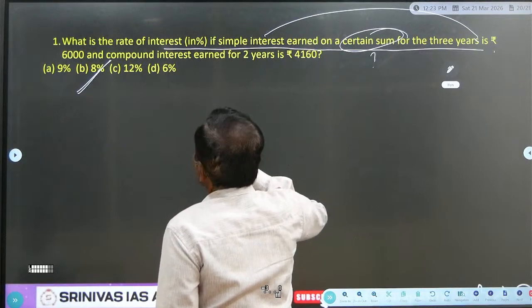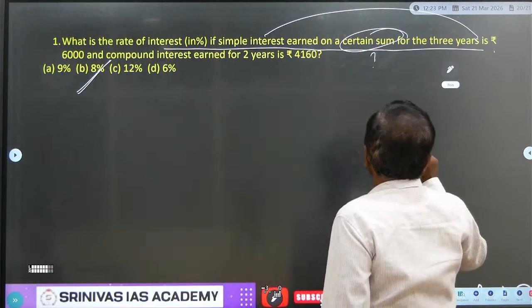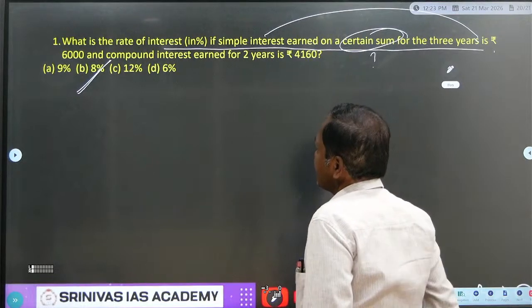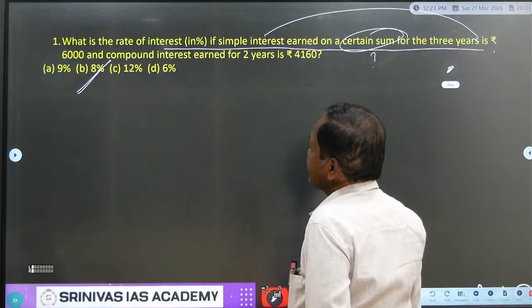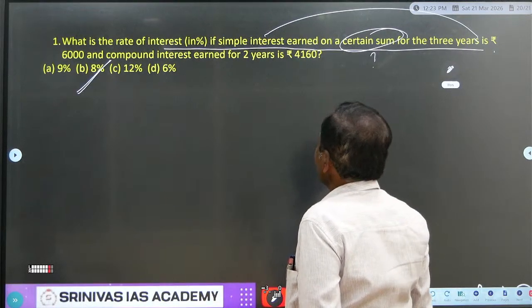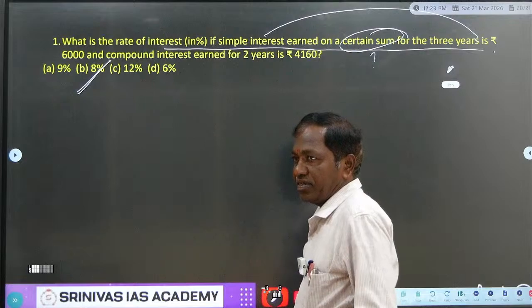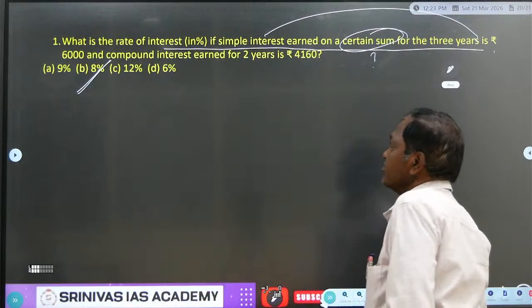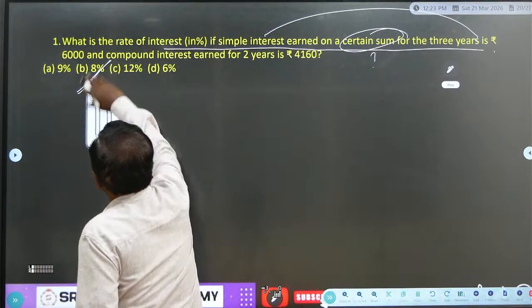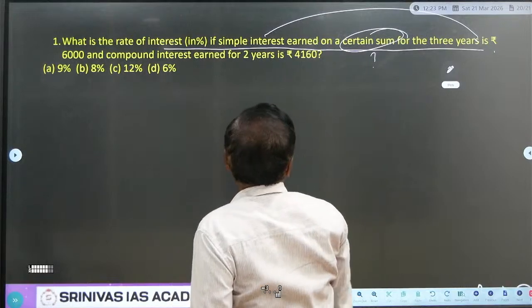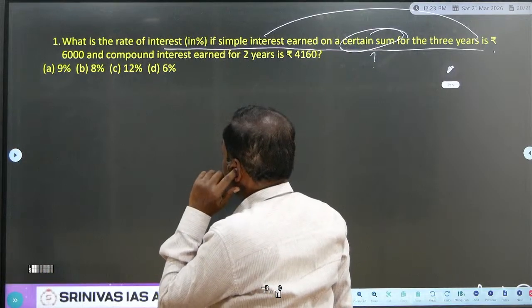The question: the sum for 3 years is so much, what is the rate of interest in percent? If simple interest earned on a certain sum for 3 years is 6,000 and compound interest earned for 2 years is 4,160. I think we need some more information. Correct, the answer is 8%. How is that possible? See how troubling this question is.